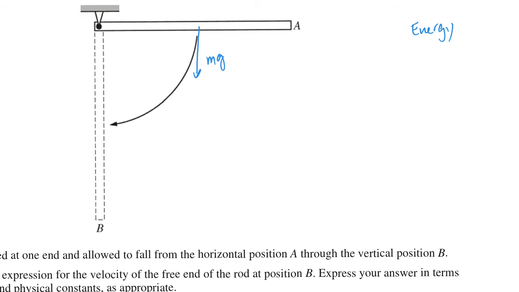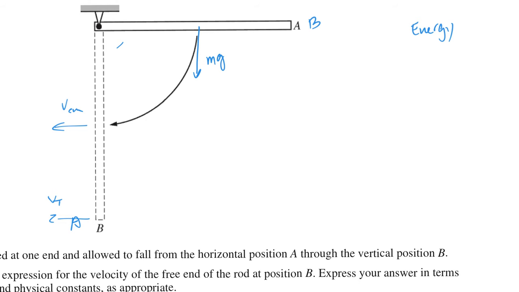In this problem, I see two states of the problem, the before state and the after state. When we're here, the center of mass is moving. And there are several different velocities that you could be asked about. You could be asked about the velocity of the end of the object, the tangential velocity of the rod at its end, or the tangential velocity of the rod at its center.